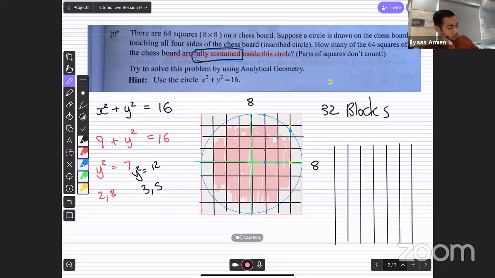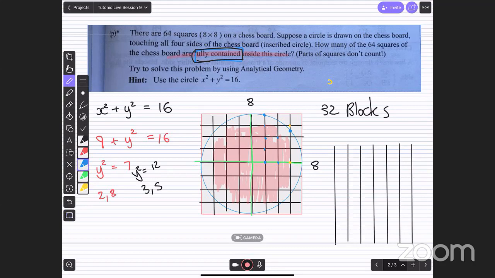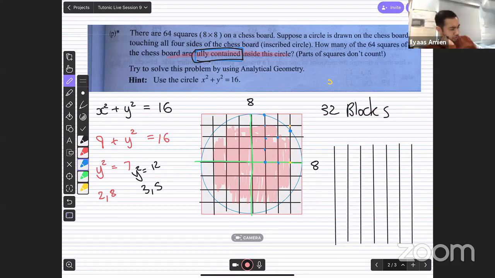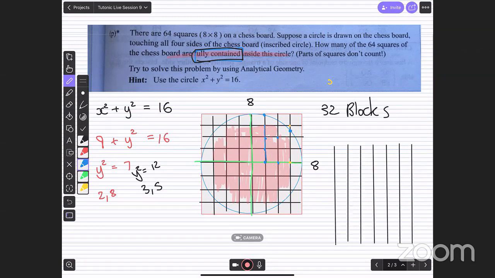But when you sub in 1 into the circle, you get y squared equals 15, which is 3.8. So that means that the circle, when x is 1, is 3.8. Therefore, you can't have 4 complete blocks. You can only have 3. Oh, I see.